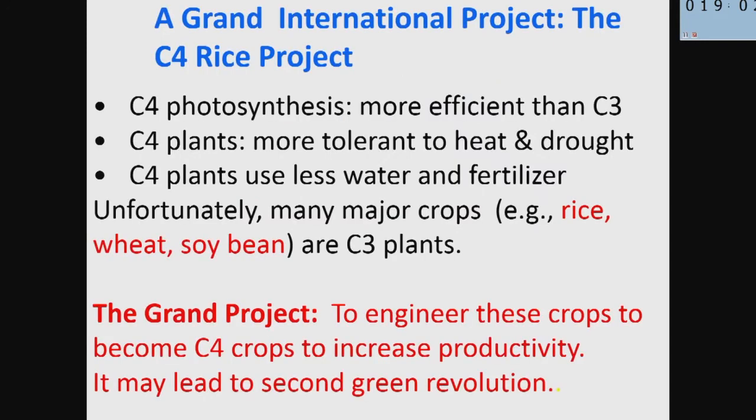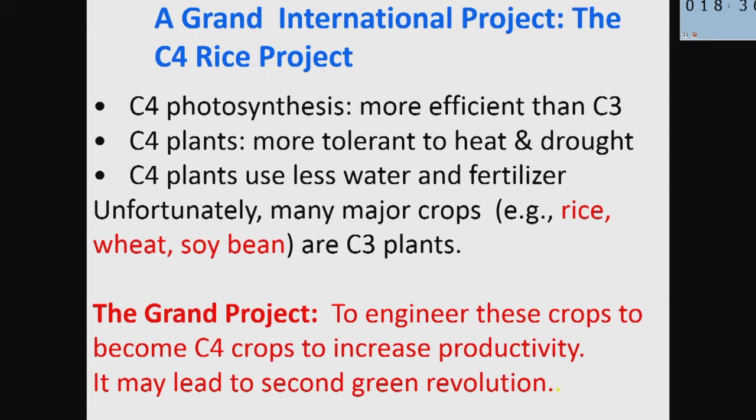There is an international project, the C4 rice project. C4 photosynthesis is more efficient than C3, and C4 plants are more heat and drought tolerant, and use less water and fertilizer.